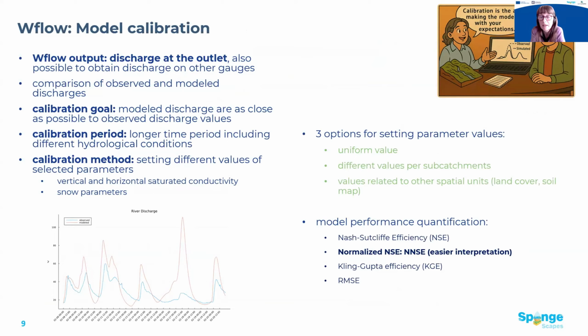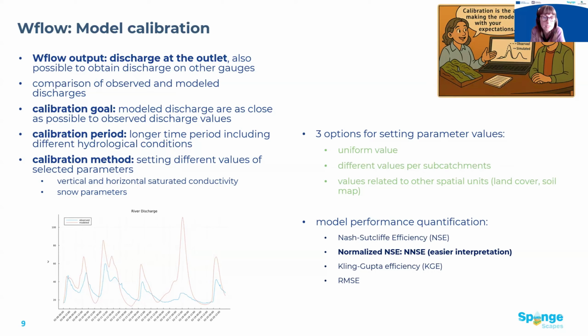And if they are aligned, we can finish the modeling process and live happily ever after. But usually this is not the case. You can see below. The blue curve represents the observed discharges, and the red one is modeled. And obviously they are not aligned.